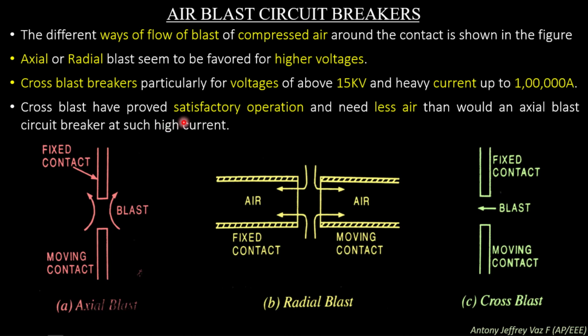Cross blast breakers have proved satisfactory in operation and need less air than would an axial blast circuit breaker at such high current. So if a cross blast circuit breaker is used, then the air needed to interrupt the arc is less than in the axial blast or radial blast circuit breaker of the same current rating.